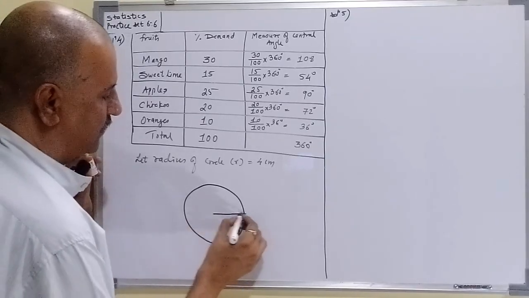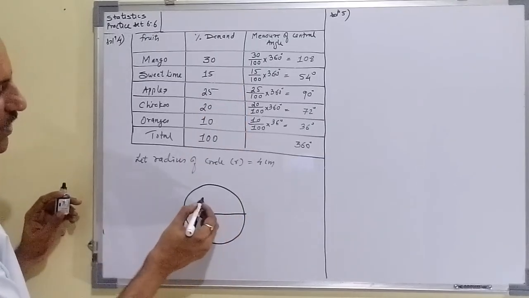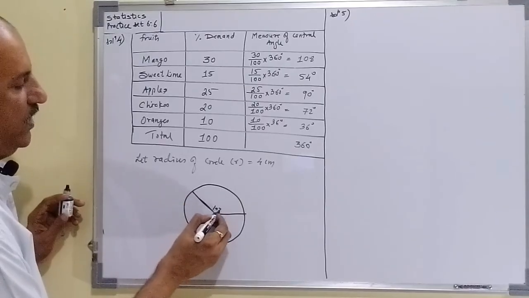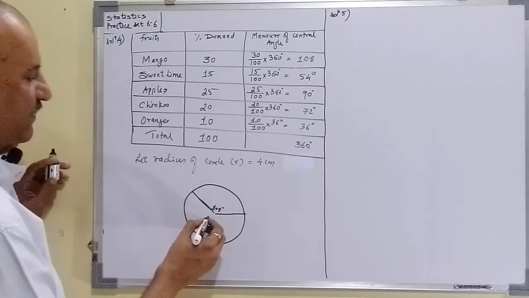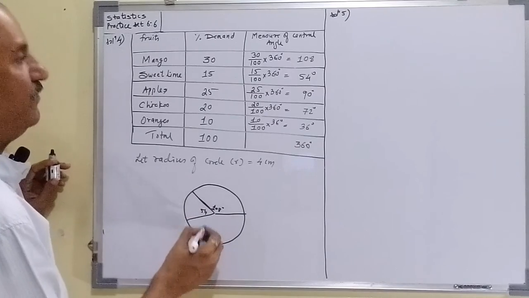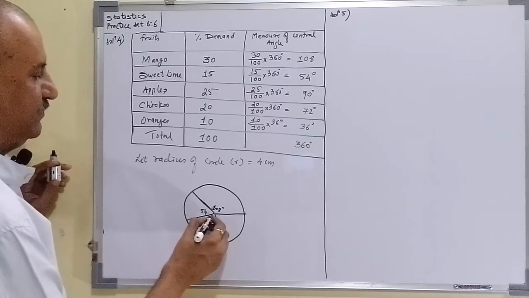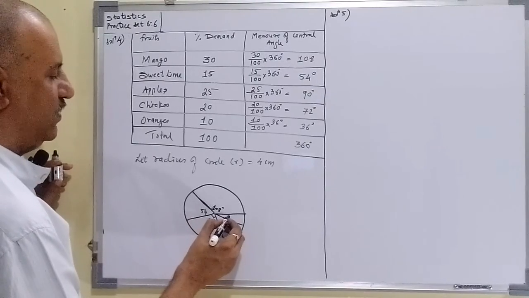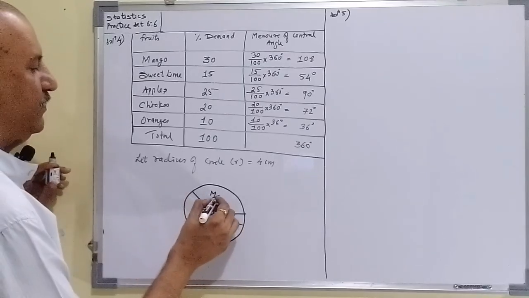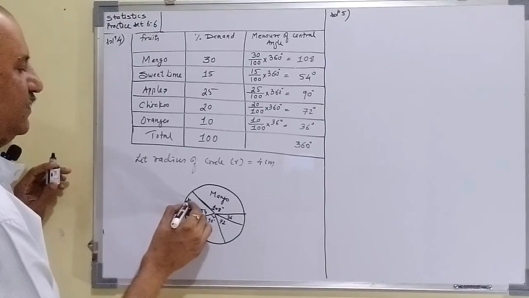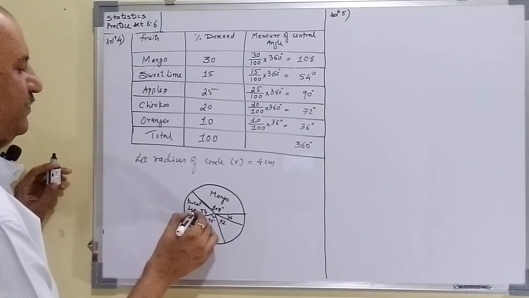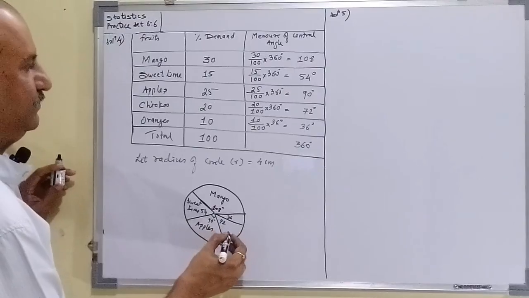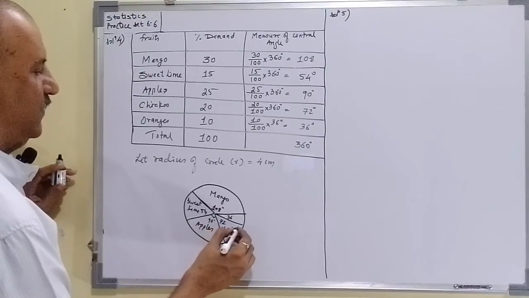पहला रेडियस ड्रॉ करो. पहला एंगल 0 पे रखो और 108. सो 108 विल बी समवेयर हियर. ये 108 डिग्रीज हो गया. बाद में 54. बाद में 90. 72 और 36. तो ये हो गया आपका मैंगो. दिस इज स्वीट लाइम. एप्पल्स. चिकू.